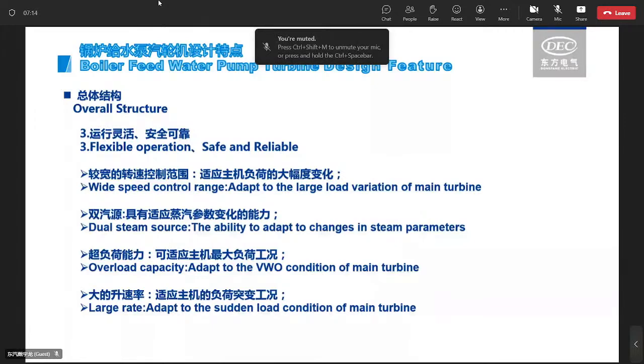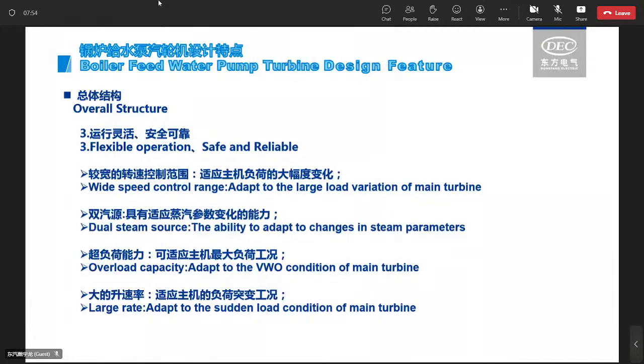It has a wide speed control range, which can adapt to the large load variation of the steam turbine unit. And it has double steam sources. This feature is beneficial to the ability to adapt to changes in steam parameters.